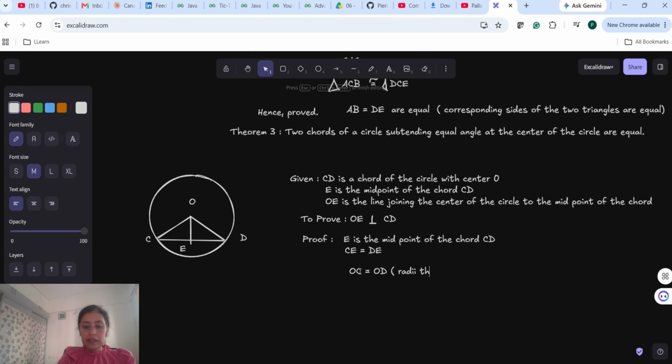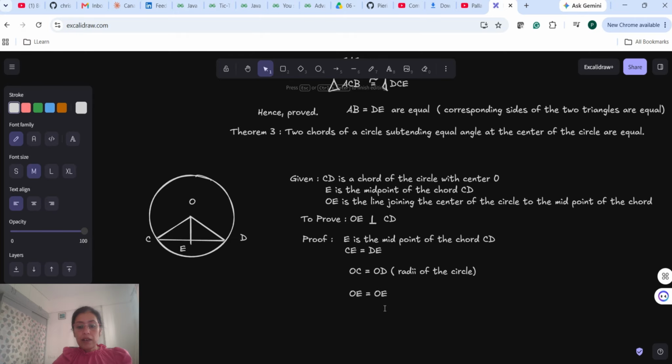Because they are the radii of the circle. So they are equal. OE is the common side, right? This OE side is common to this triangle, OCE as well as ODE. So OE is equal to OE, right?